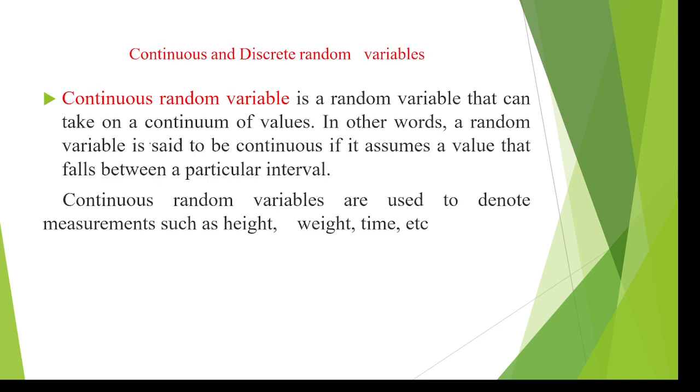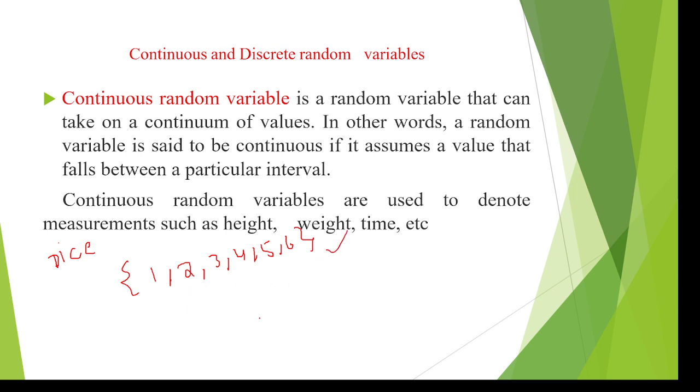Coming to the continuous random variable, if any random experiment data is continuously defined, then it is named a continuous random variable. For the dice, the outcomes 1, 2, 3, 4, 5, 6 should be defined continuously. Then only it is a continuous random variable.